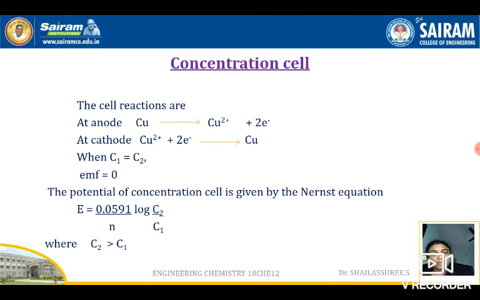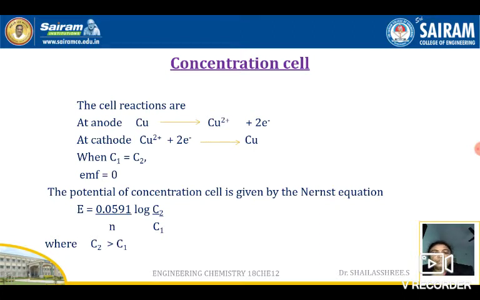At the cathode, copper ions accept the electrons liberated at the anode and get reduced to copper. So we cannot write a net reaction; the net reaction is 0 here. When C1 is equal to C2, that is, when the concentrations become equal, the EMF will become 0.